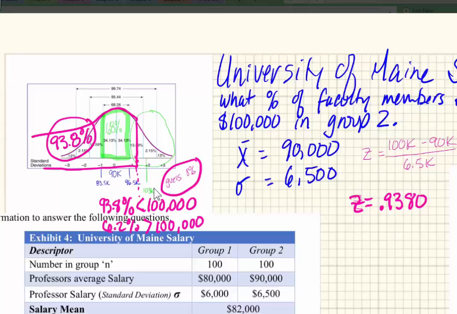Or 6.2 people, roughly, would earn greater than $100,000. So to convert this over, we would take 0.062, multiply that times 100, and we would get roughly 6.2 people earn greater than 100K.